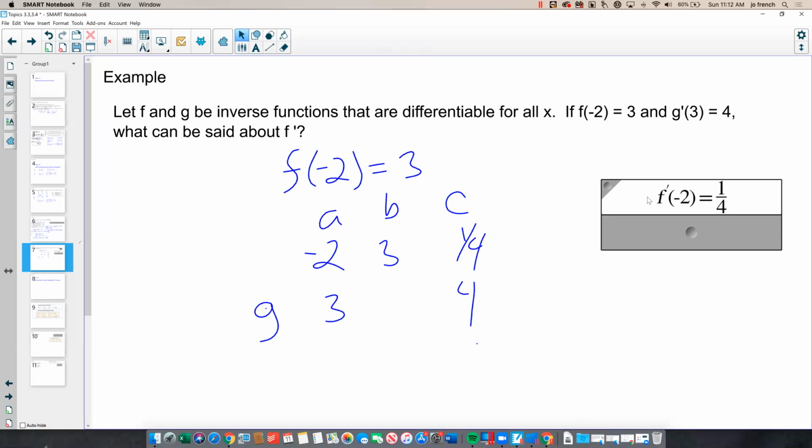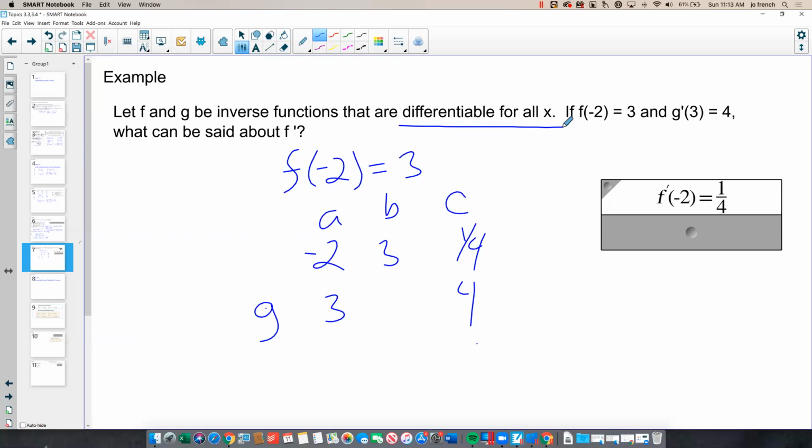We also know that these two functions are differentiable for all x. We don't have a restricted domain to create inverse functions, which means that our two functions have to be monotonic. They have to have the same behavior, no changes in direction.